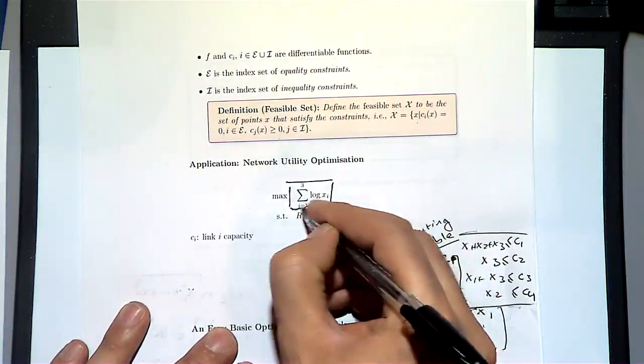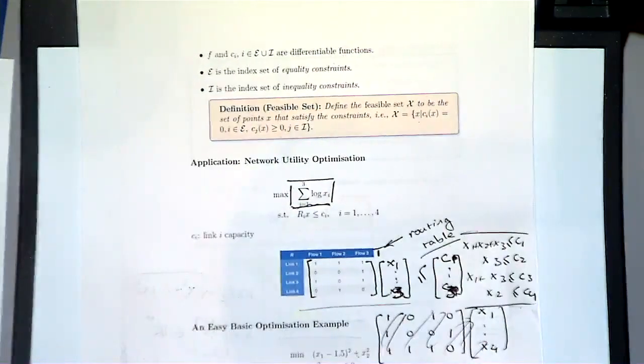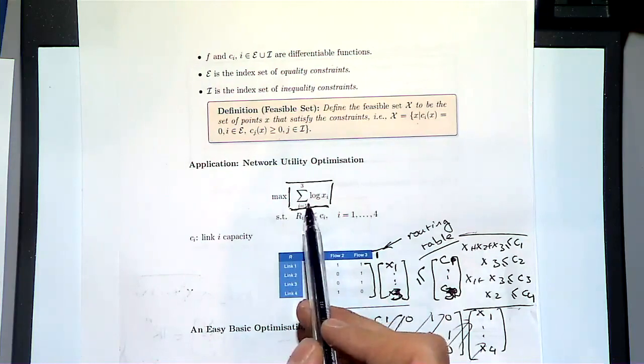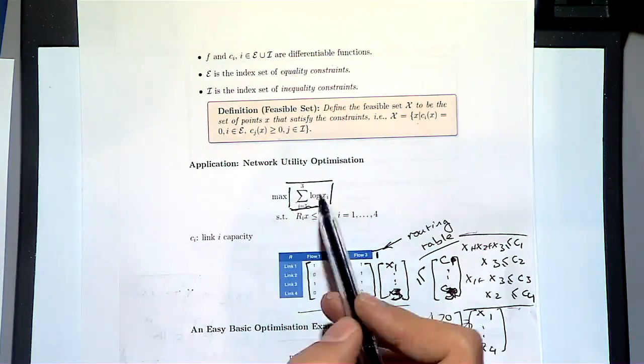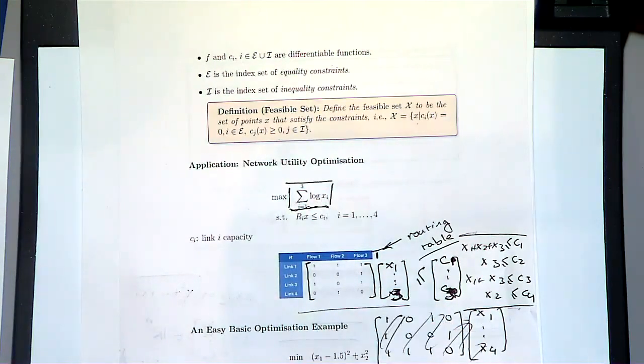In comms networks, the logarithm of a particular flow is a proxy for the content of information in that flow. So if the utility of a network is defined as the sum of the logarithms of all the flow that I can put in that network.